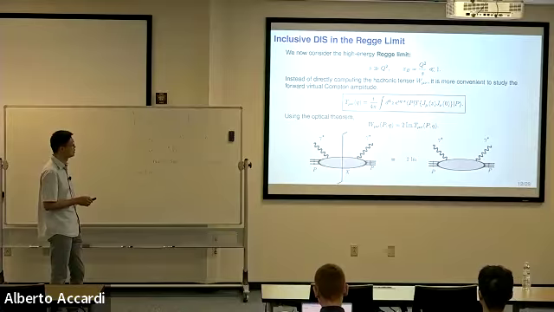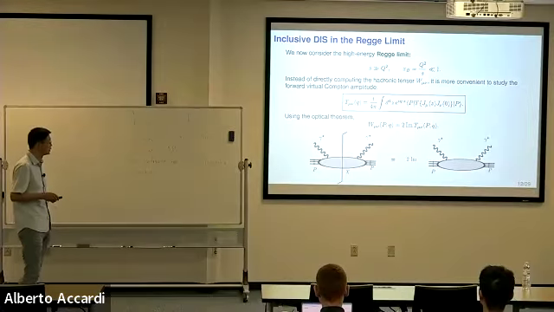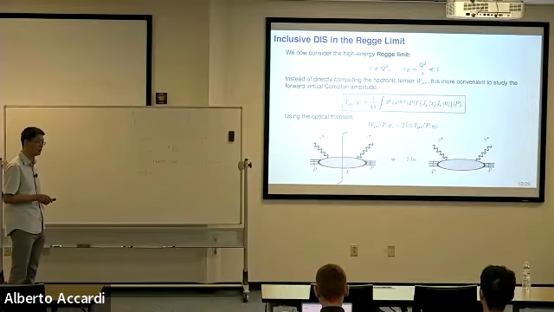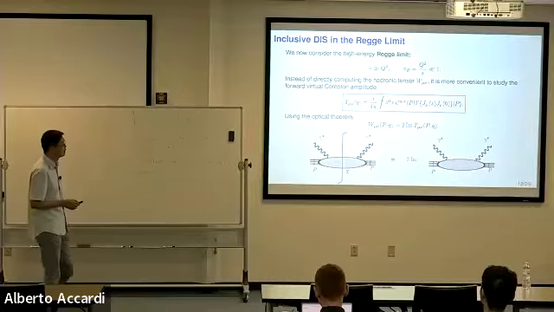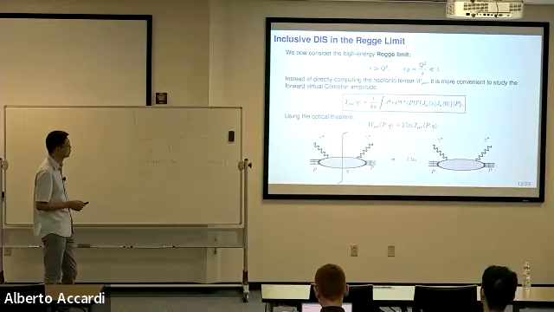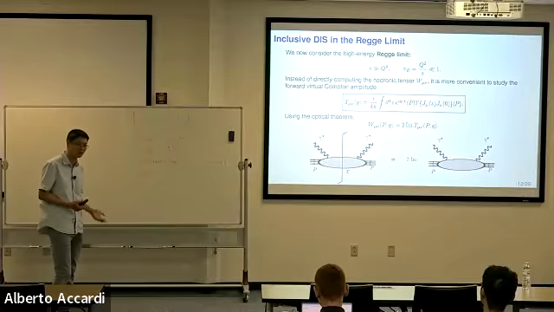What is large is S, the center-of-mass energy squared of your virtual photon with your proton. You have very large energy, but the virtuality of the photon is not necessarily very large. So the small parameter is not 1 over Q squared, but rather Q squared over S, or 1 over S.